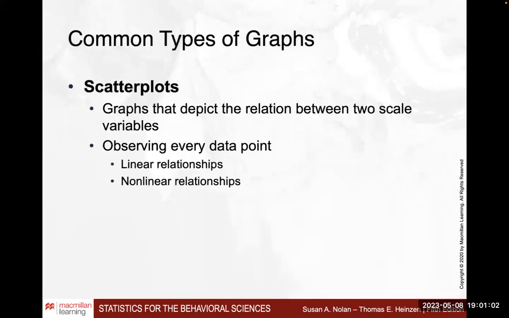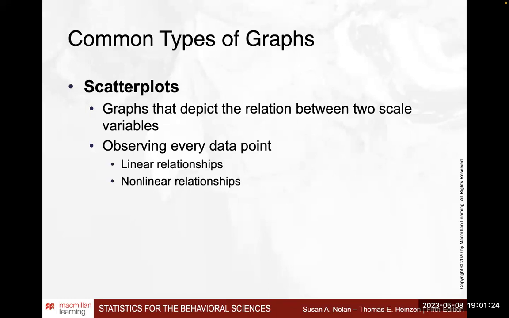We talked about this. Know scatter plots, know how to interpret them in terms of linear and nonlinear relationships. Know that before you do any correlation or regression analysis, always start with a scatter plot, just visually looking at whether there is a relationship, and if there is, what it looks like.